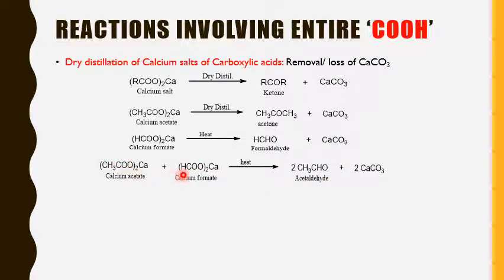CH3COH. So simply you can remember RCOR: CH3CO CH3, HCOH, CH3COH. Since you have two combinations, you will get two molecules of CH3CHO by elimination of calcium carbonate.